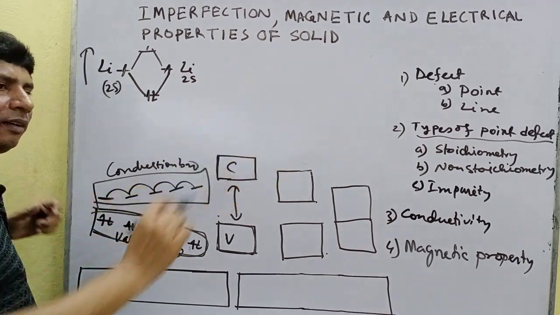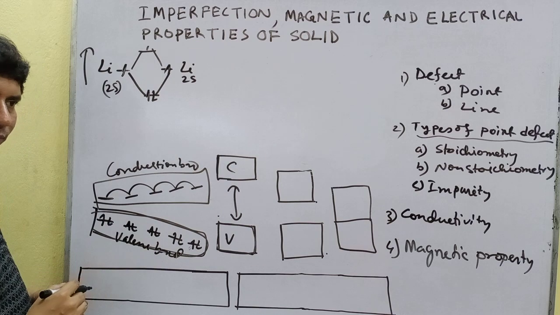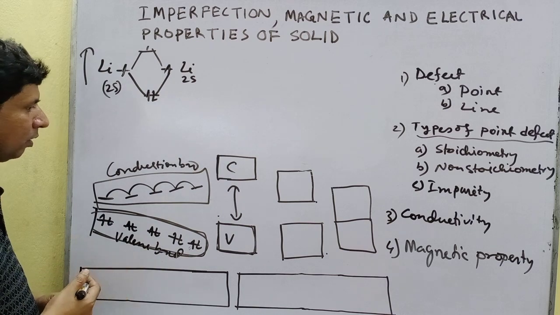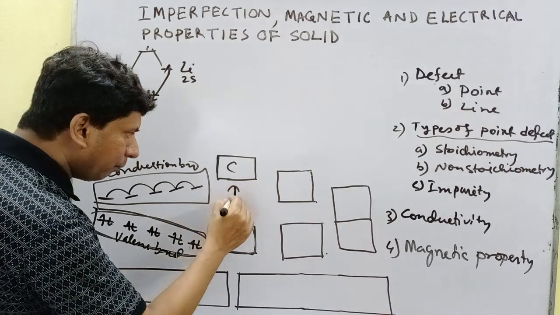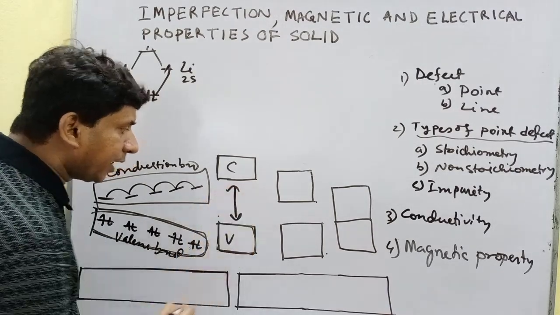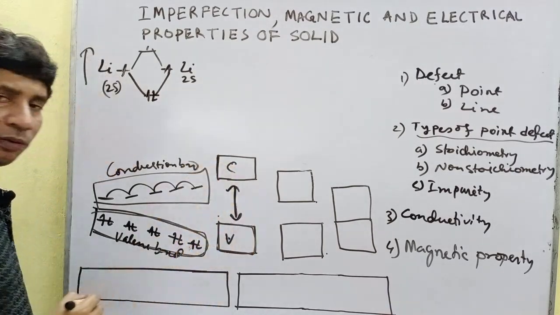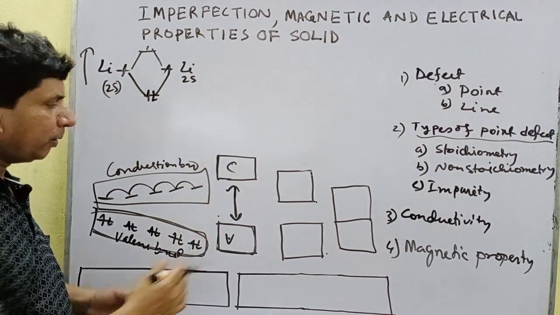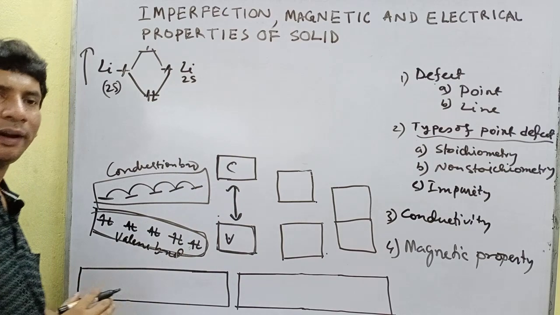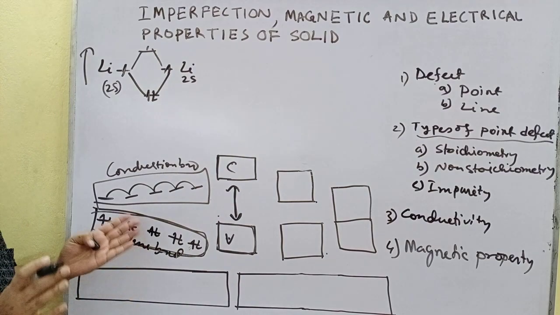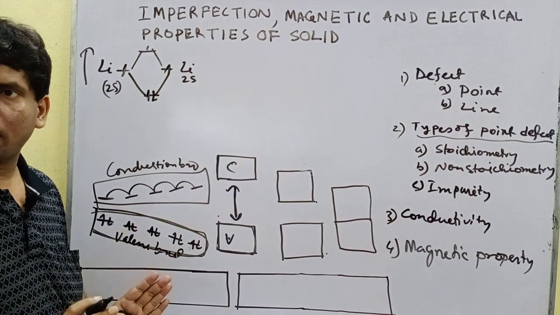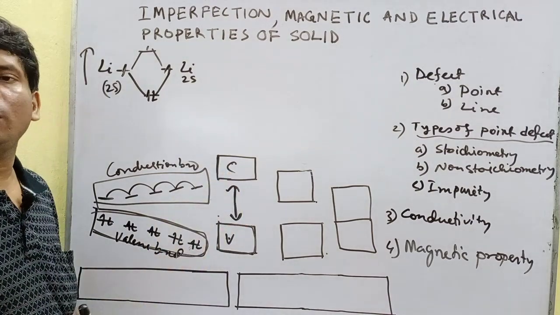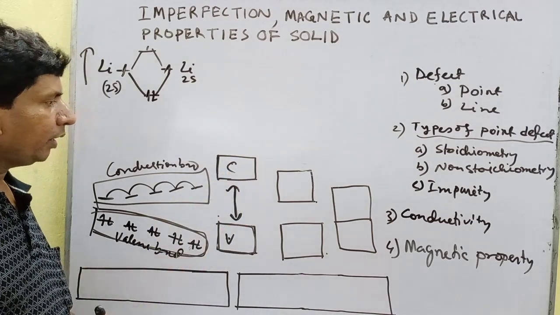So there is a huge conduction of electrons, that is electricity. If the energy gap between valence band and conduction band is very high, then electrons will not transfer from the valence band to the conduction band. So conductivity will not occur. Clear? Hence this system will be an insulator.